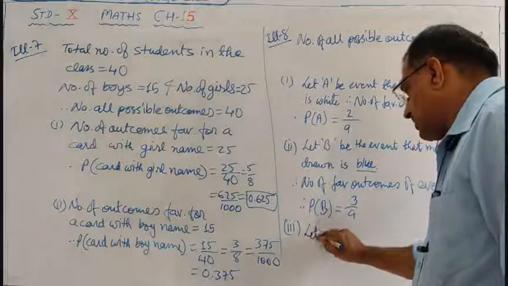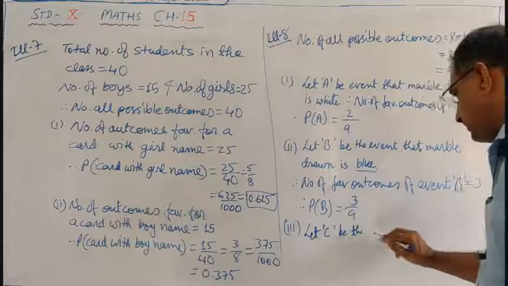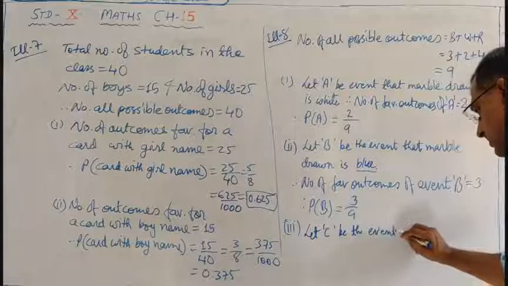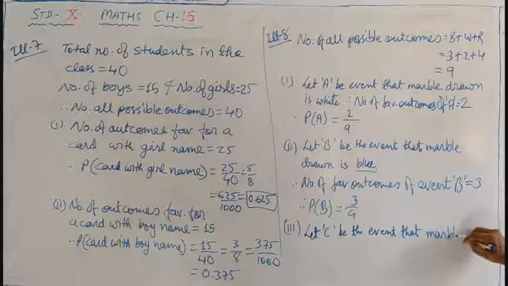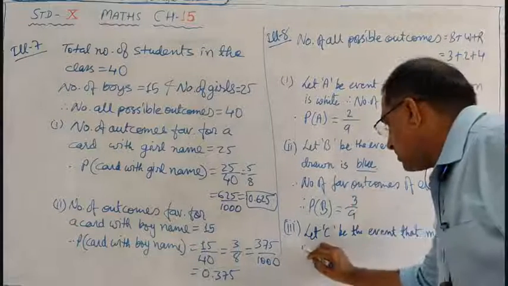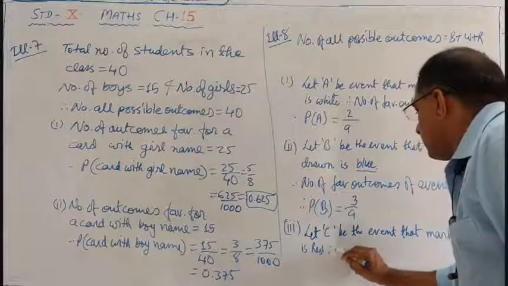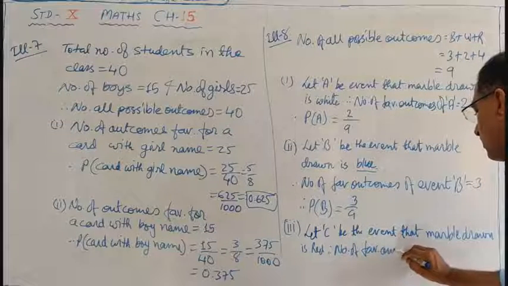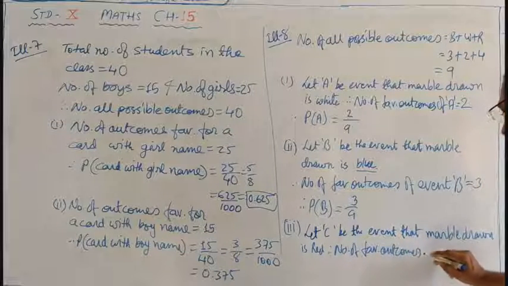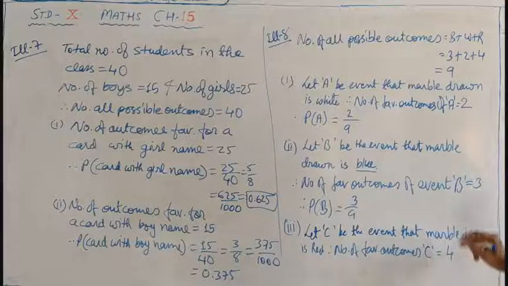But here the question is given. Let's see with the event C that marble drawn is red, and therefore number of favorable outcomes of event C is equal to 4.